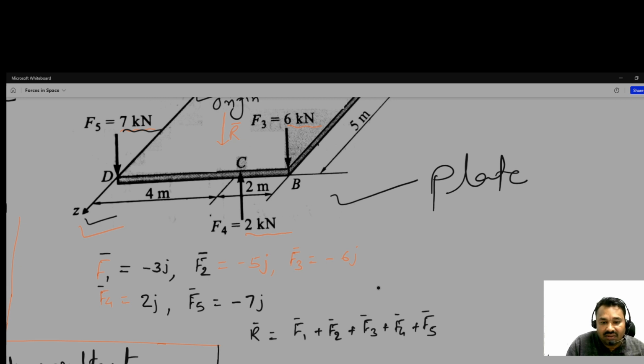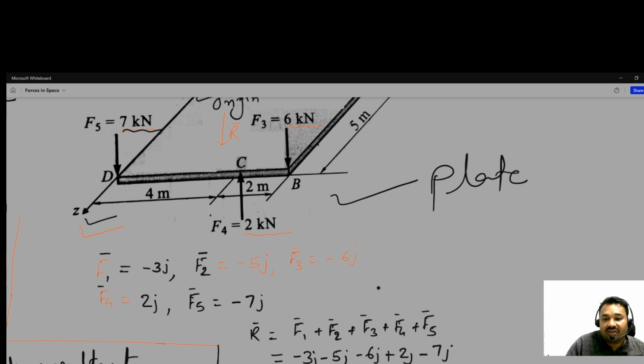This is just F1, over which we can put a bar or cap. Okay, so F1 is minus 3J, F2 is minus 5J, F3 6J, F4 2J, but it is with the plus sign, and F5 is equal to 7J.